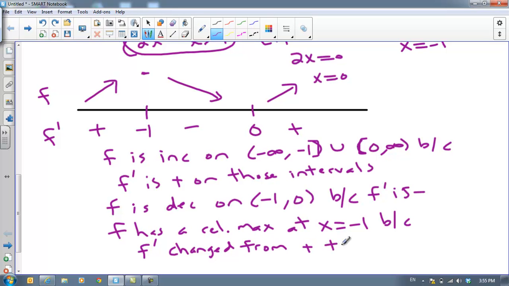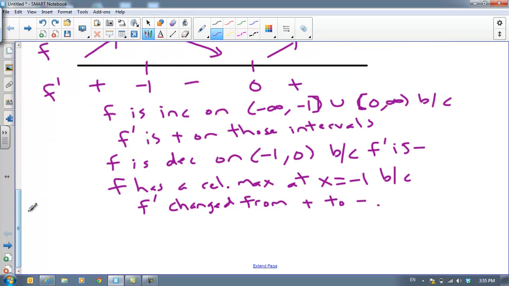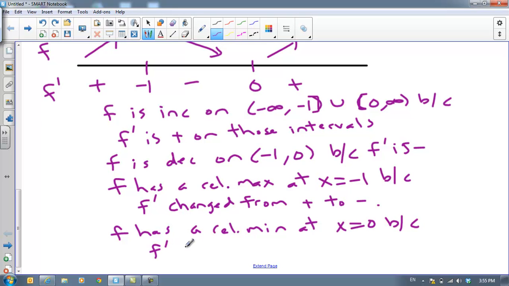Plus to minus. Now what else happened? Well, at 0 I created a minimum. F has a relative minimum at x equals 0 because f prime changed from minus to plus.